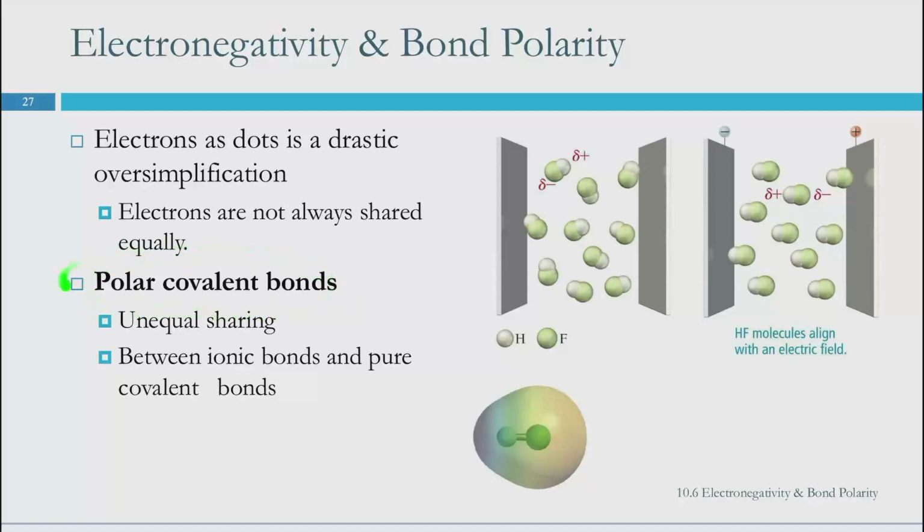So in polar covalent bonds, we have unequal sharing of the electrons. The polar, like having poles, this is poles like the North Pole, South Pole, positive, negative pole, like for magnets. Having ends that are opposites. So polar covalent bonds, so they're still covalent bonds, we're still sharing the electrons, but we've got positive and negative parts.